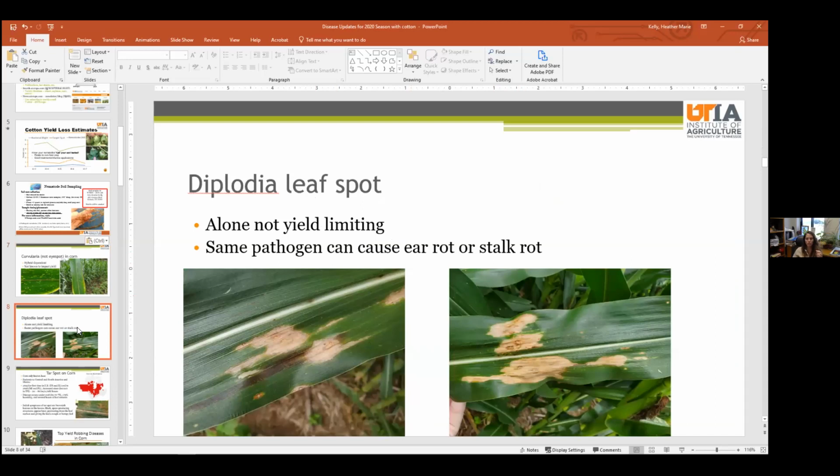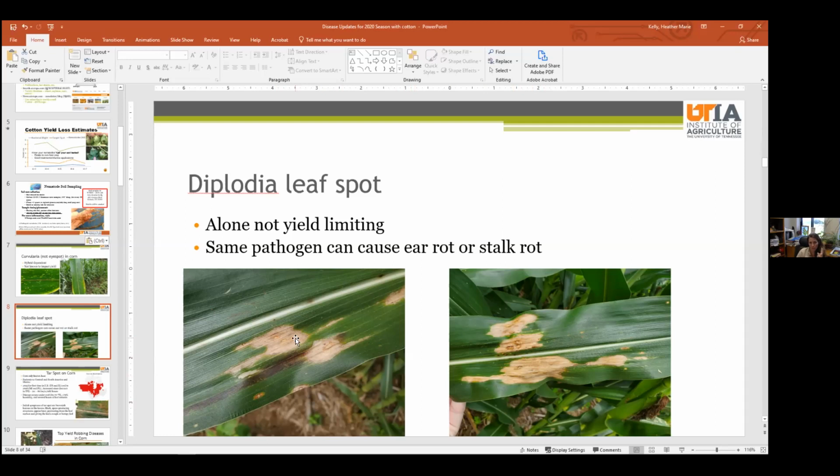The other one we've been seeing a little bit more often the last 2 years is Diplodia leaf spot or leaf streak. Again, alone, it does not seem to be limiting. It causes these irregular shaped lesions. Also, if you were able to zoom into these images, you'd see black pepper-like structures that are the pycnidia of the fungal pathogen. That, along with the irregular lesions, and sometimes that kind of inner circle too, are all indications that you're looking at Diplodia leaf streak or leaf spot.